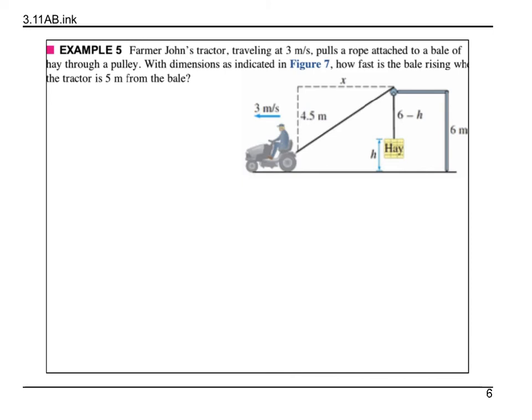All right, so this picture, take a moment, try to understand as much as you can. That x up top is the distance between the tractor and the bale of hay. The pulley system is 6 meters tall, and therefore the rope that drops down based on that h is 6 minus h.